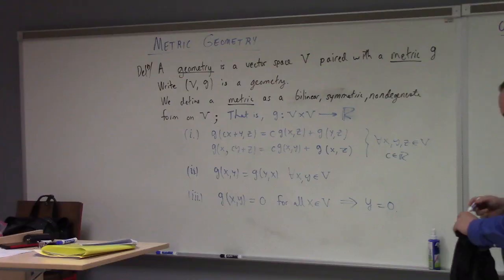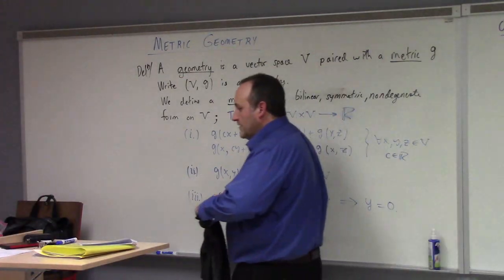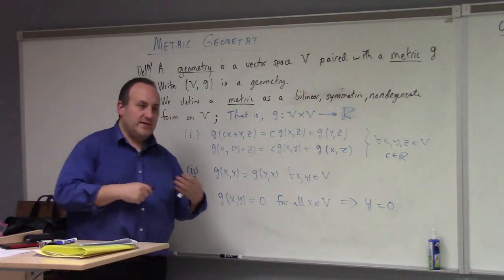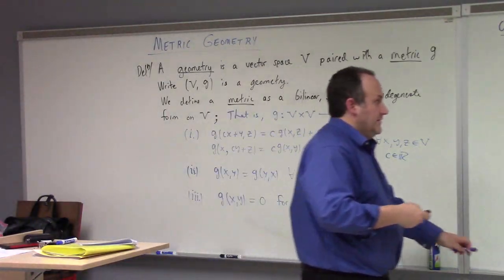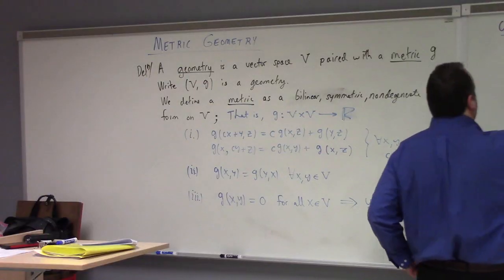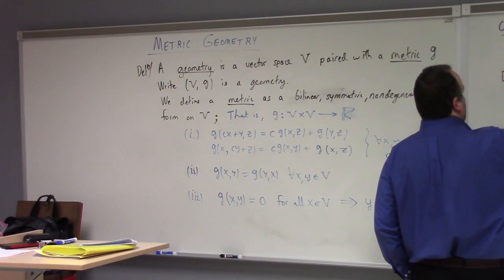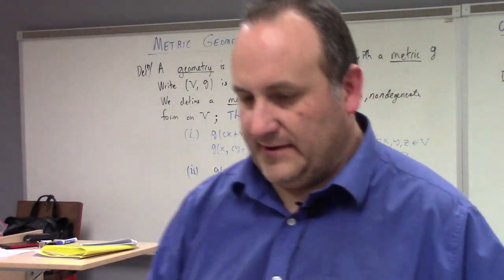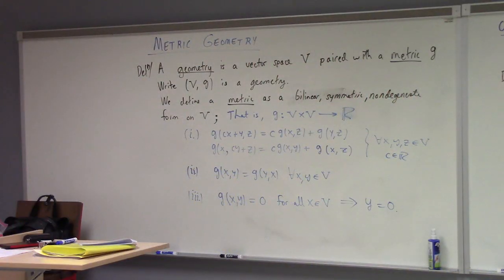Although, honestly, when I talk about Euclidean space, I'm really usually thinking specifically about the example of Rn paired with the dot product. So, let me just make that a little bit more crisp definition. Rn paired with the dot product is the Euclidean geometry.